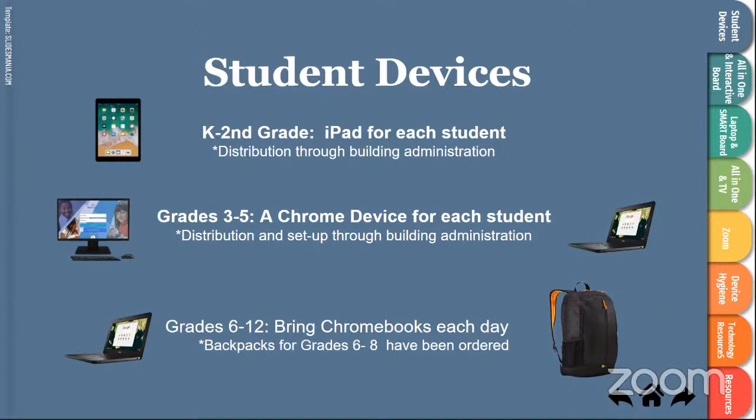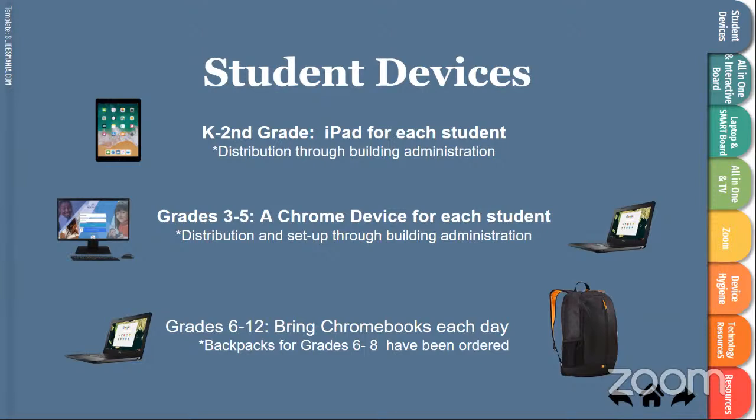Students in grades 6 through 12, when we open that phase, are going to be able to bring Chromebooks to school each day, so they'll have their own Chromebook in front of them in class to use. This is the same as we've done for students in 9 through 12 with the take-home model previous to the shutdown. We will be providing backpacks for students in grades 6 through 8.